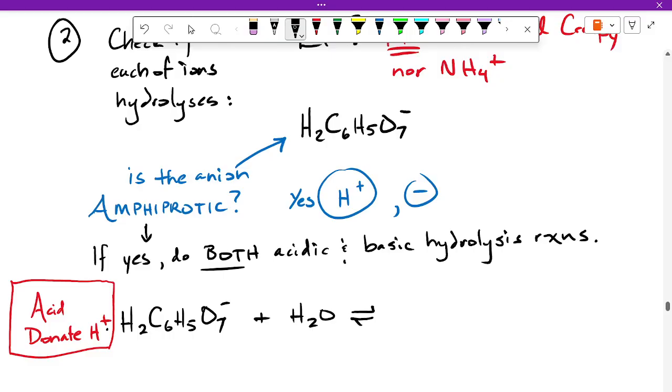If it's acting as an acid, what would we get as our product? HC6H5O7, and the charge would be 2 minus, and we have H3O plus.